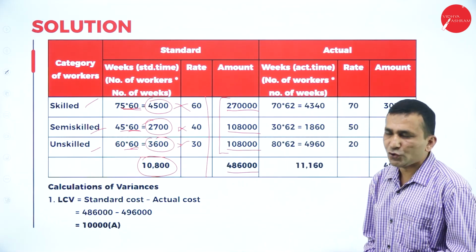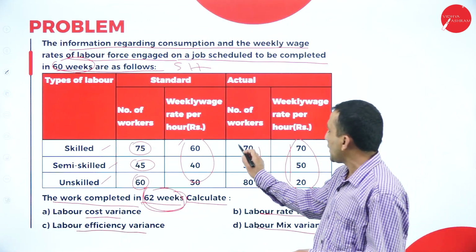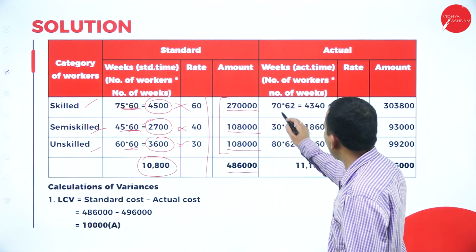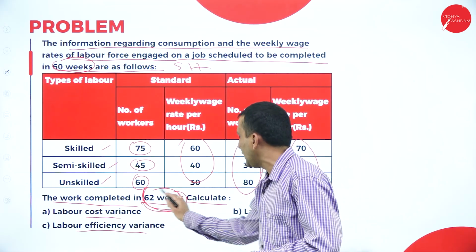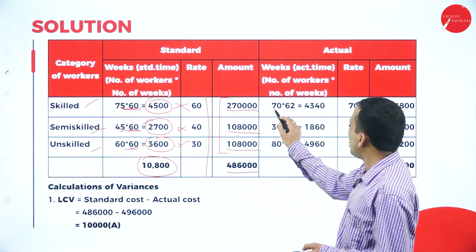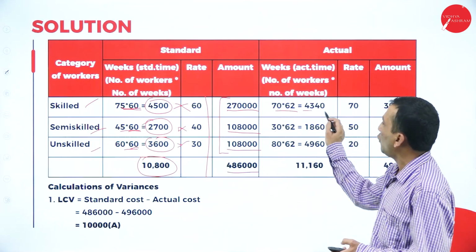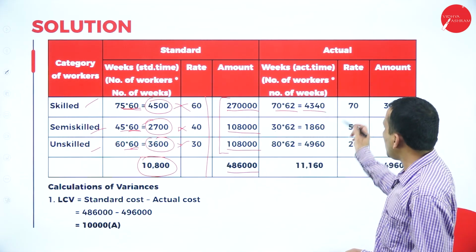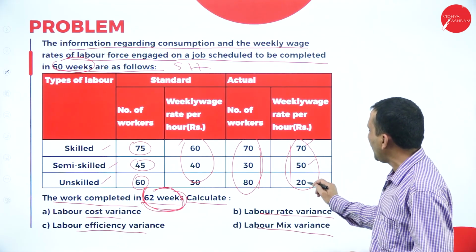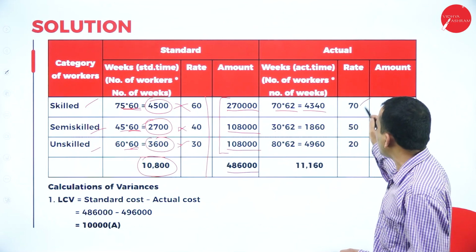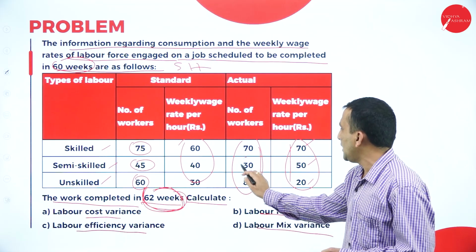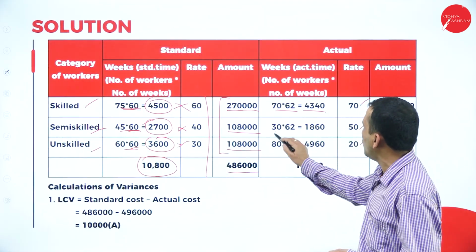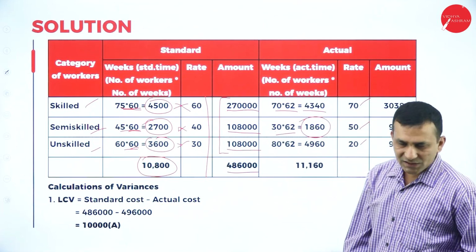Moving to the actual, the number of workers is also given: 70, 30, 80. The actual week is 62, so we need to multiply. 70 into 62, if you multiply, 4,340. The rate is also clearly specified: 70, 50, 20. Next, semi-skilled 30 into 62, 1,860.